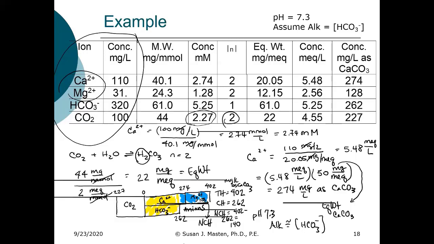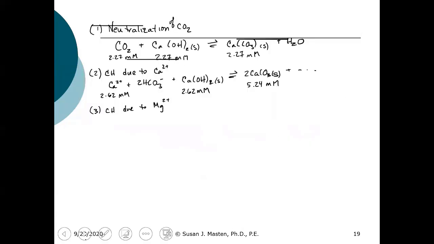Look at my magnesium. All of my magnesium is associated with other anions. So it's associated with non-carbonate hardness, not with bicarbonate or carbonate hardness. So this is 0, and we don't need to worry about carbonate hardness due to magnesium.